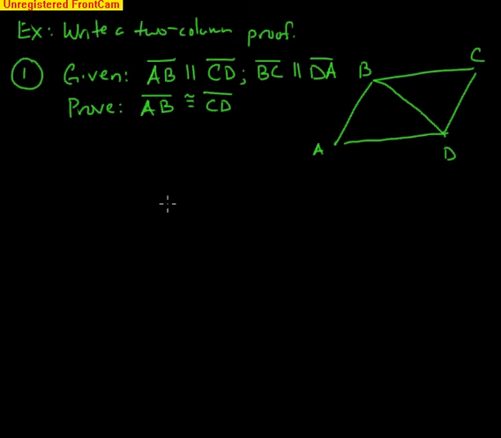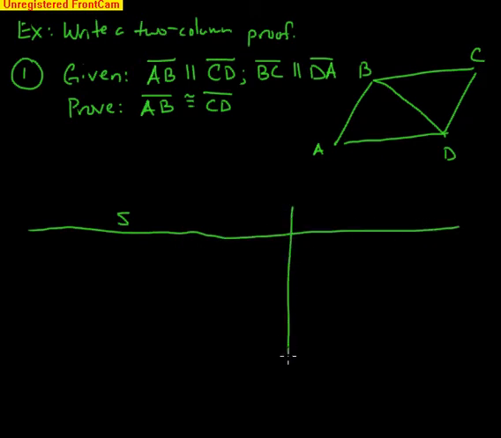Okay, so here is the proof with the picture. Down here I will create my 2 columns for my statements and my reasons. Okay, so I need you to understand that in order to prove this, we must first prove triangles congruent. Alright, so we need to make a note.